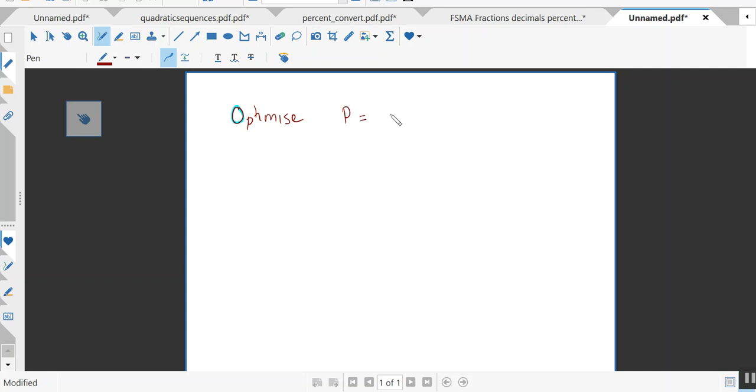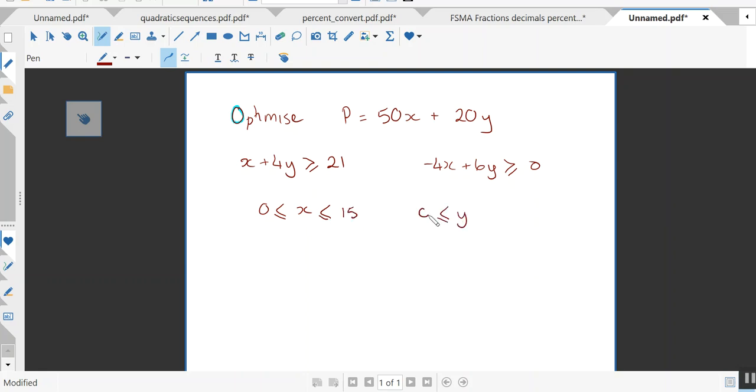P equals, given the four constraints. What are the constraints? x plus 4y, negative 4x plus 6y, less than or equal to 15. y is greater than or equal to 0.